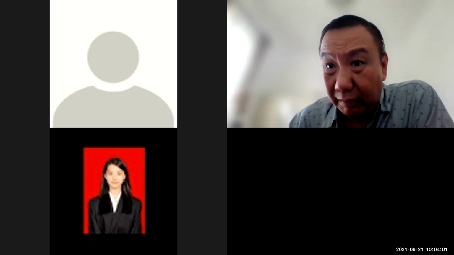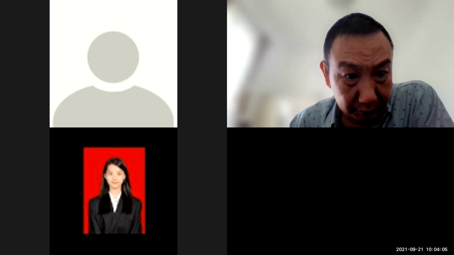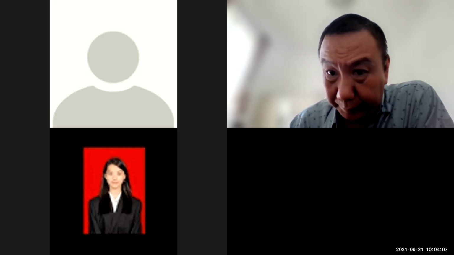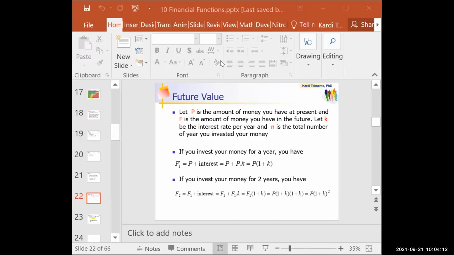Okay, so let me share this. Suppose the money that you have right now is P, right? And F is the amount of money that you have in the future. K is the interest rate per year, and N is the total number of years that you invested the money.